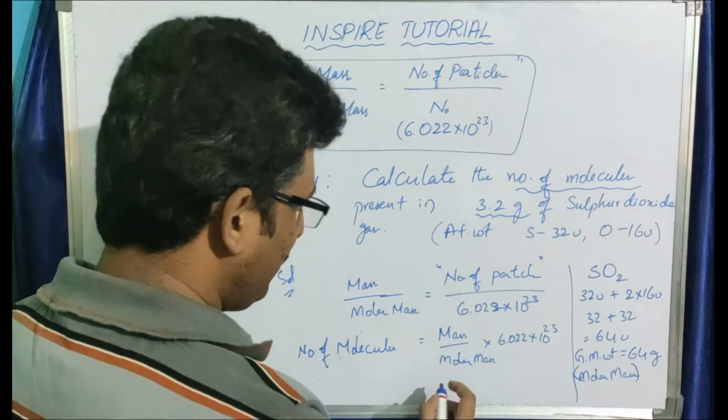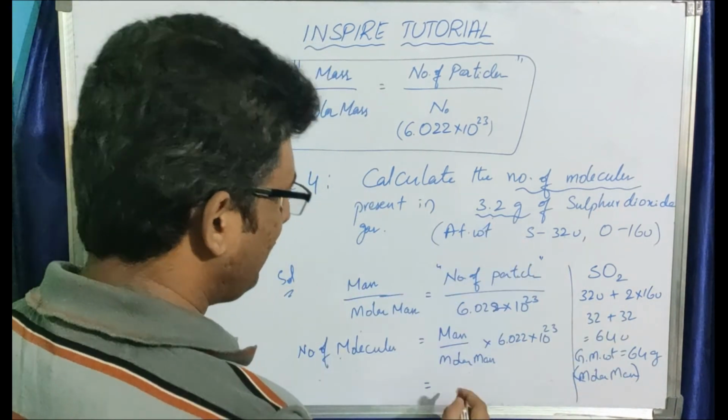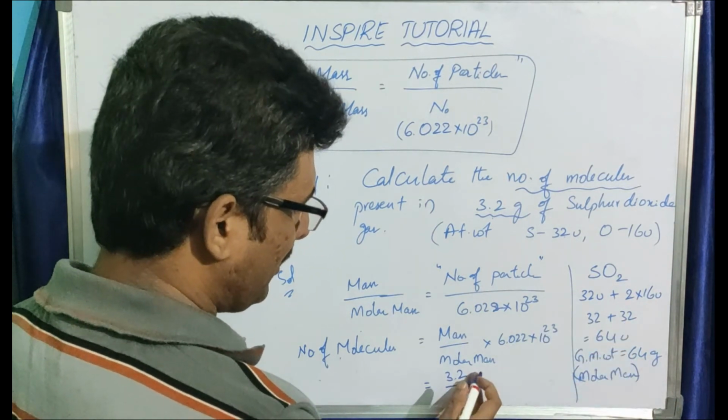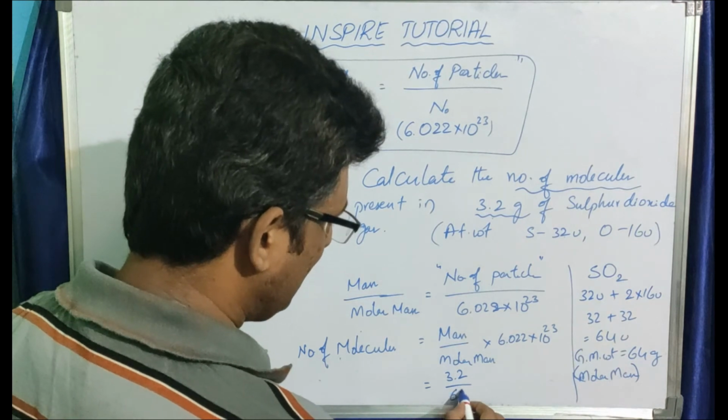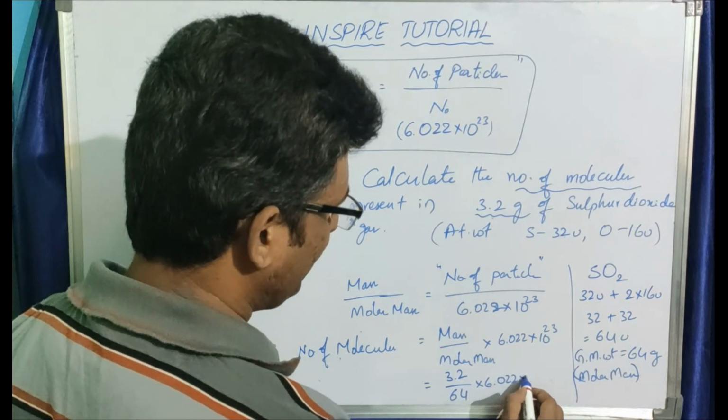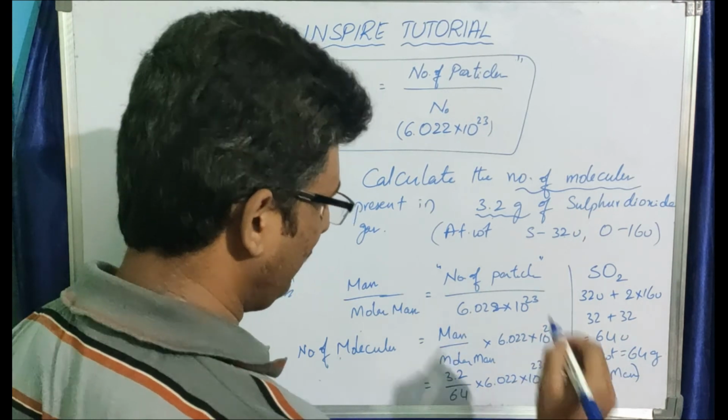Now we substitute the values over here. What is the mass given? The mass given is 3.2 divided by molar mass 64 grams into Avogadro number 6.022 into 10 power 23.